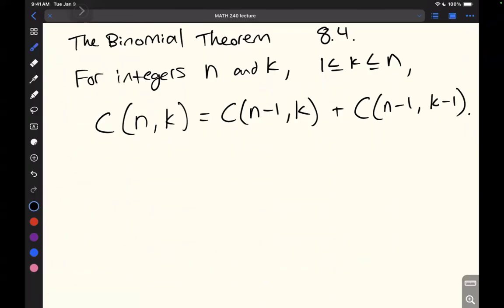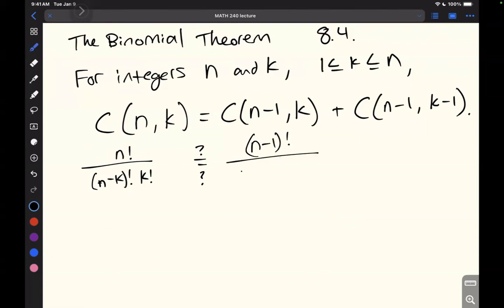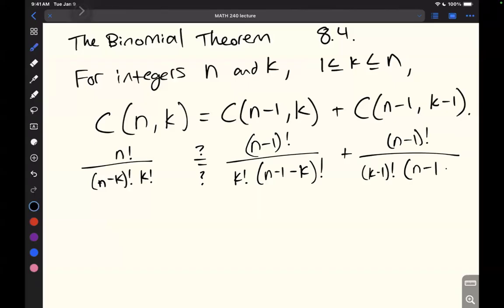You can also prove this algebraically. So if we write this as n factorial over n minus k factorial times k factorial, we can prove that this is equal to n minus 1 factorial over k factorial times n minus 1 minus k factorial, plus the same numerator over k minus 1 factorial times n minus 1 minus k minus 1 factorial, right?